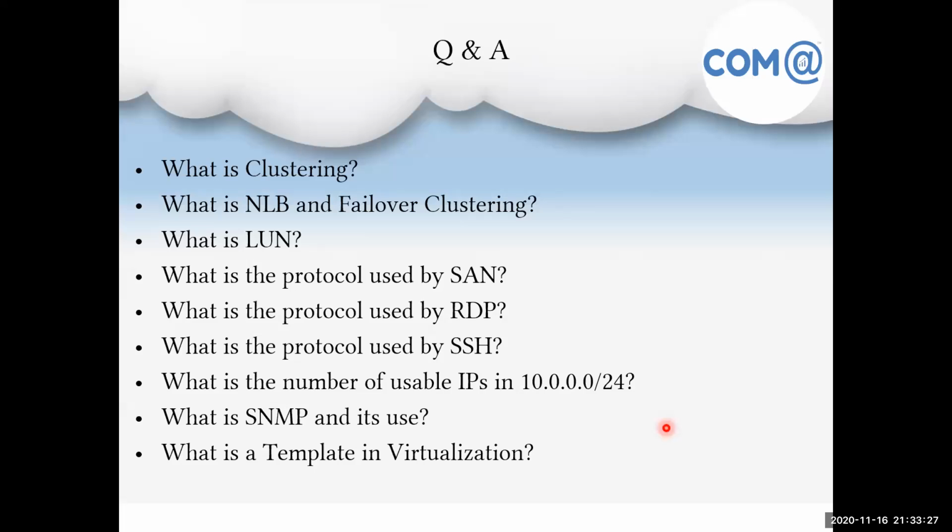Like in AWS, we used a Windows virtual machine. While deploying it, we selected something called an AMI, Amazon Machine Image. This AMI is equivalent to the template in the virtual infrastructure, where you can choose the operating system that gets deployed in your virtual machine.